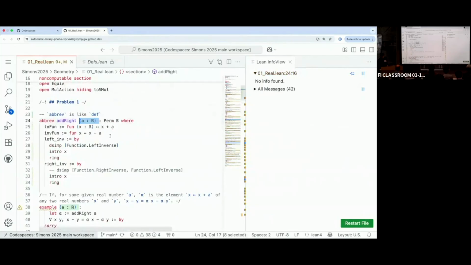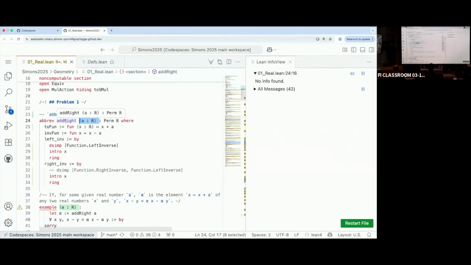So the next task was to prove that this transformation of the real numbers we've defined, add right R, has the property that for any x and y, x minus y equals alpha of x minus alpha of y.